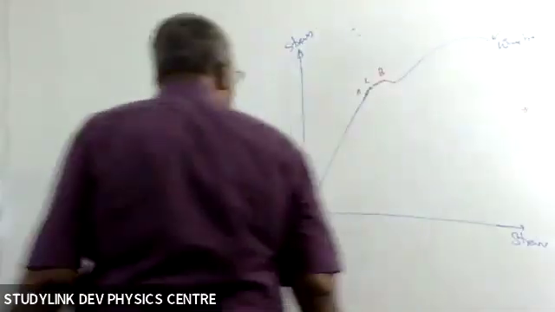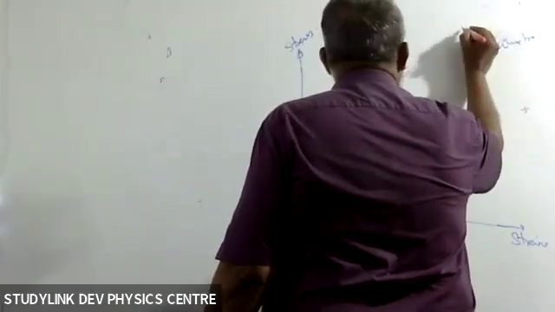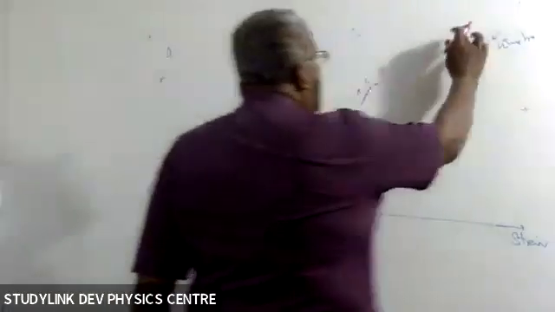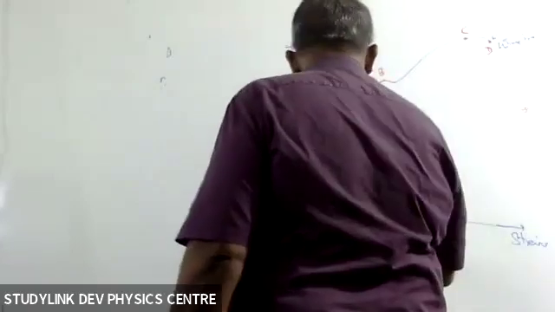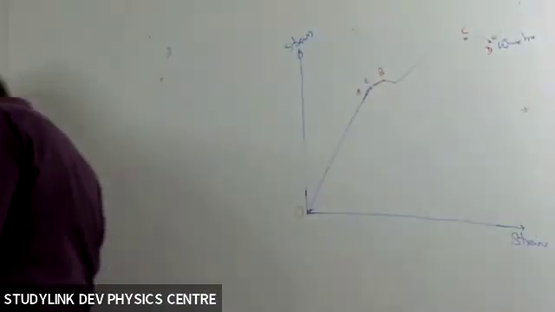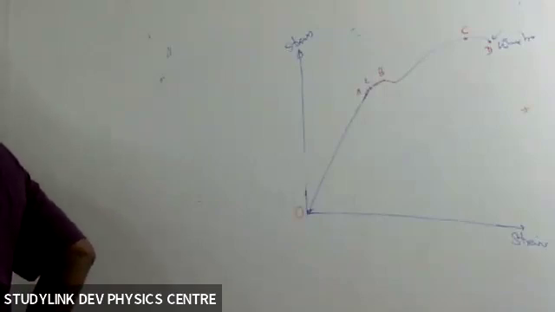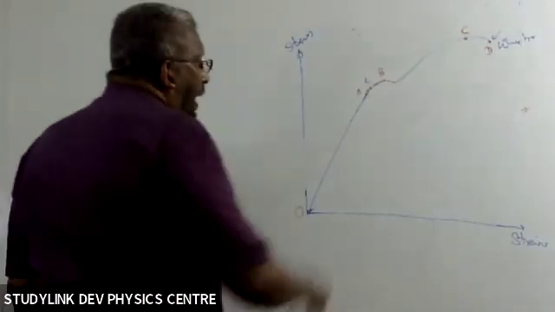That is B. After that, here the maximum value is D. And you can mark C. This is C. Here D. Now, this is a straight line. This is the origin O. First draw it. Up to A, it's a straight line.